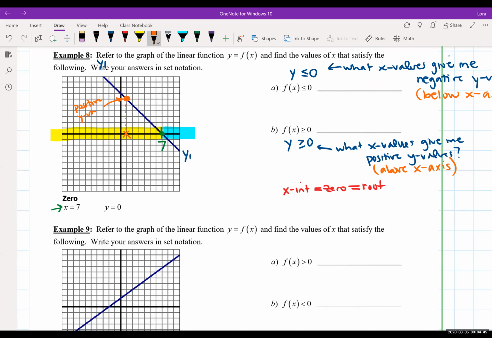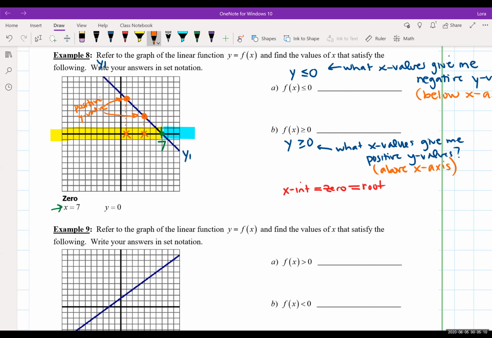And yeah, you can pick another x value if you'd like, closer or further away. But when you map it to the function itself, you'll notice that that y value is above the x-axis. So again, it's positive. So the more test points you pick in the yellow region, they seem to be giving us positive y values.